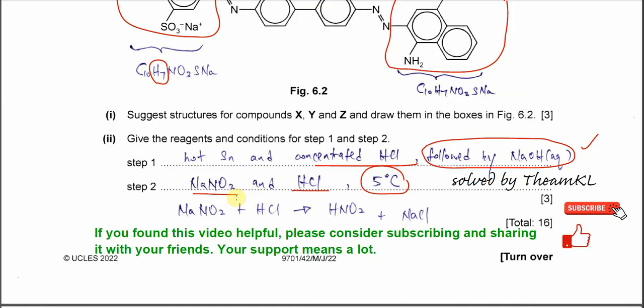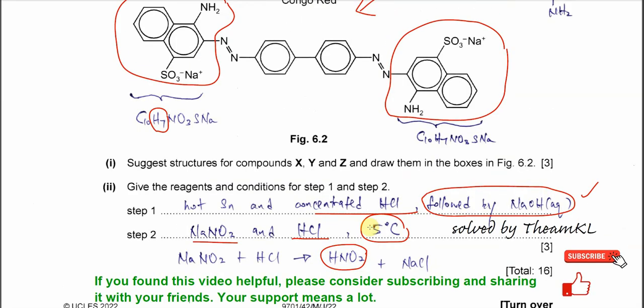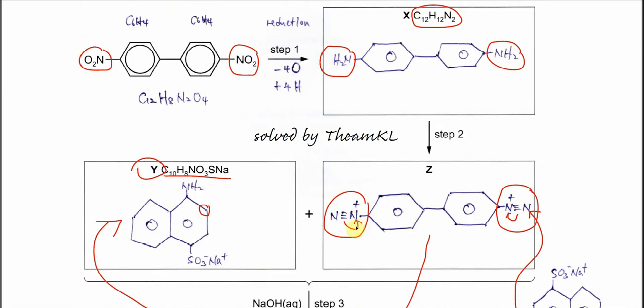Why do we want to use sodium nitrite and HCl? Because once sodium nitrite and HCl react, they will form nitrous acid. And this nitrous acid is the one that will form the benzene diazonium ion from the phenylamine.